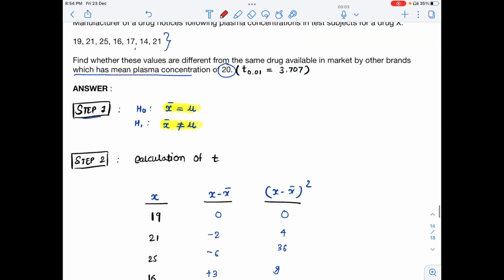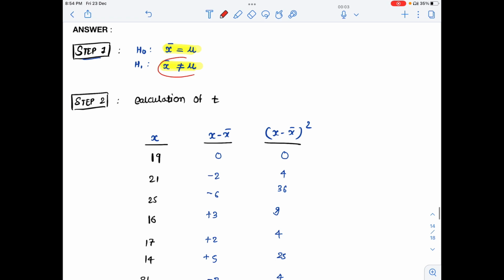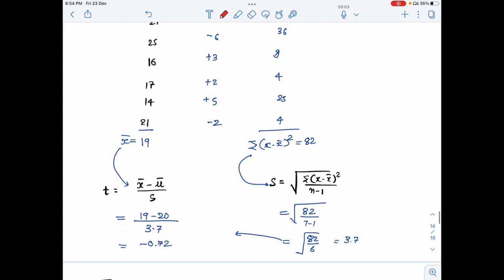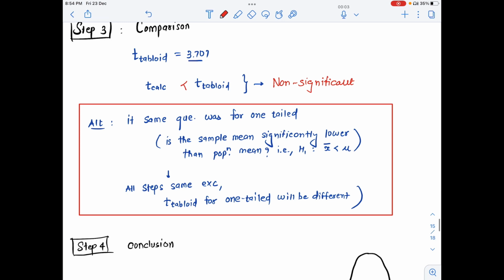As we saw here, it was a two-tailed test because we had both possibilities. It can be lesser or it can be higher than the population mean. But let's say the question asked, is the sample mean significantly lower than the population mean?